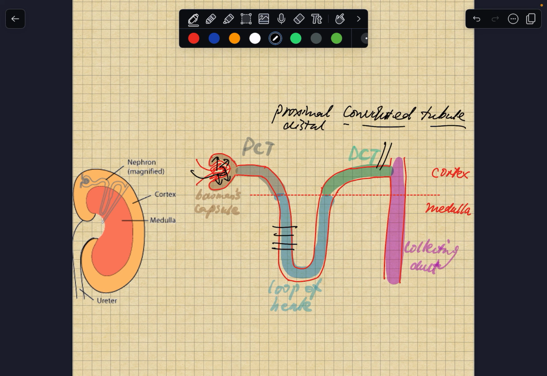These things that our body wants to get rid of will actually dump themselves into the DCT and then eventually enter the collecting duct and then go to the toilet, okay? That's called secretion, okay? All right.